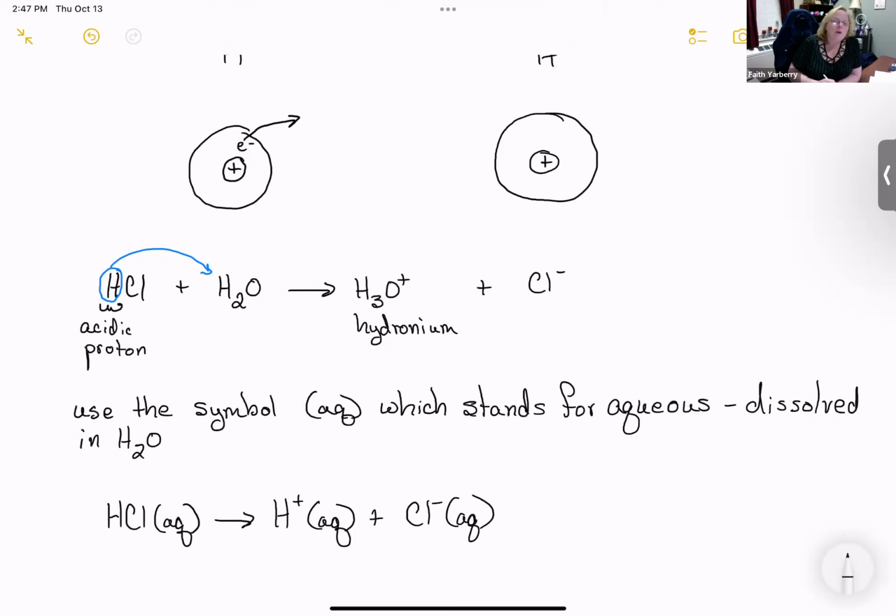In the bottom equation, we're just saying the HCl is dissolved in water. So they mean the same thing, they just look different because of whether we go ahead and write out the hydronium, which is the true nature of that proton in water, or whether we just illustrate the proton.